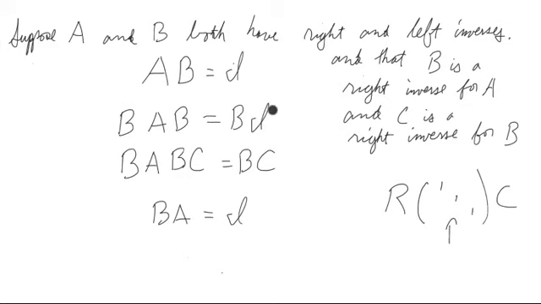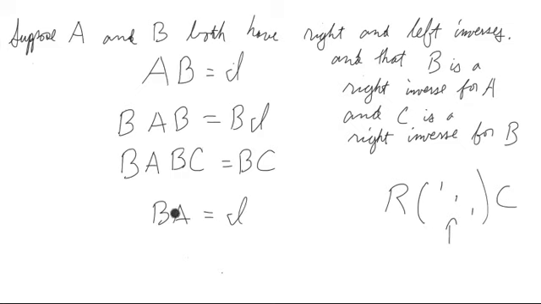You get B on this side, and then you can multiply both sides by C on the right, and you get BA is equal to the identity as well, which means that B is both. So if B is a right inverse, it definitely must also be a left inverse in this case under these assumptions that we have made.